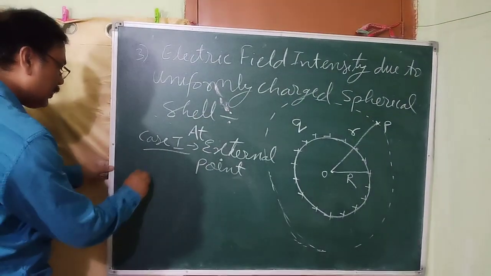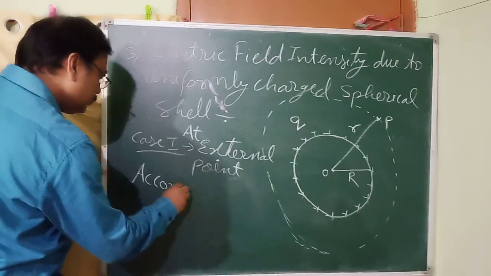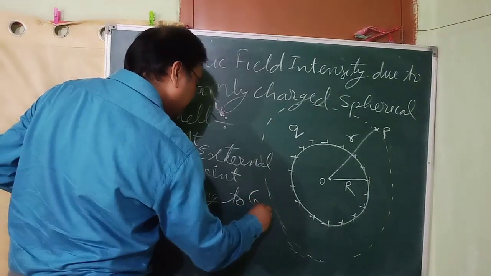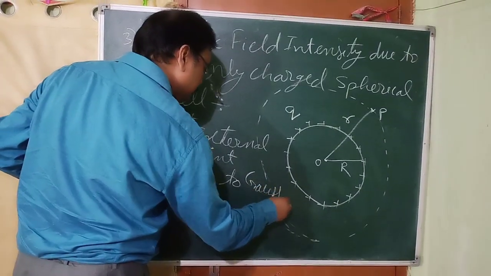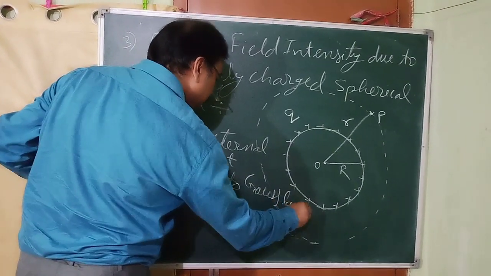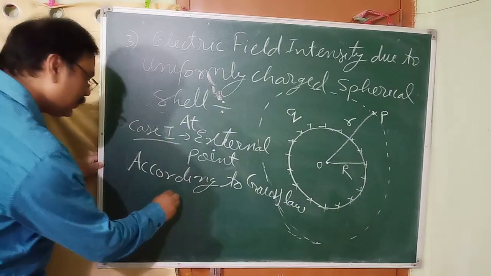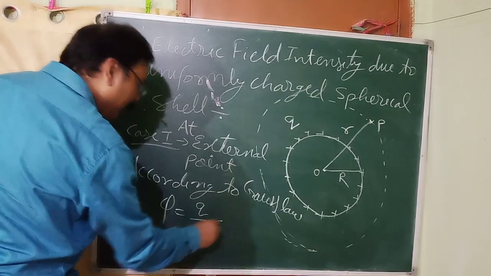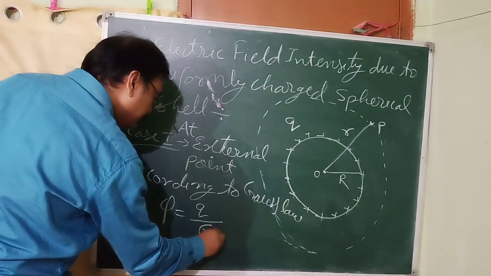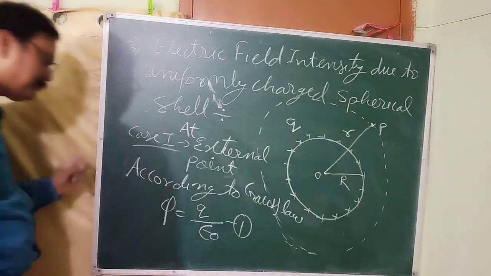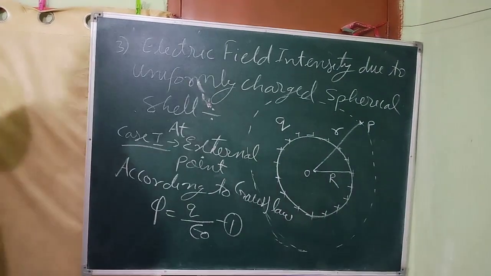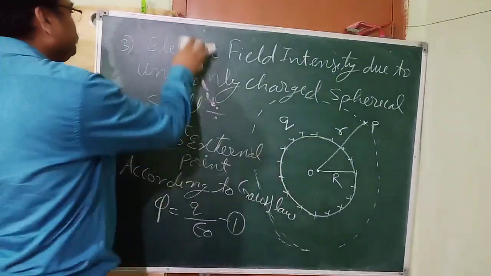According to Gauss law, phi is equal to Q net, which is Q only, upon epsilon naught. That is our equation 1. Now, according to the definition of flux, what can we do?